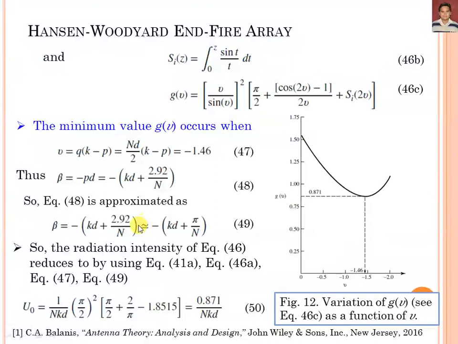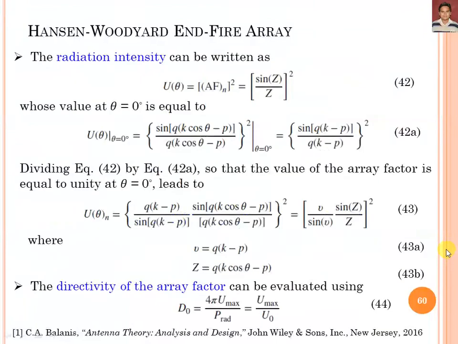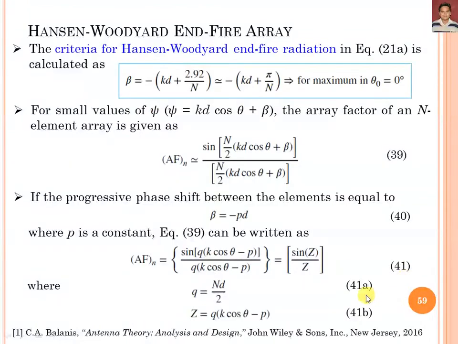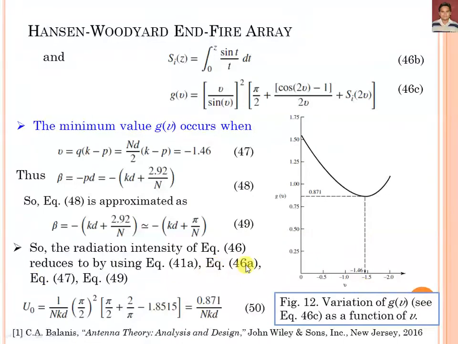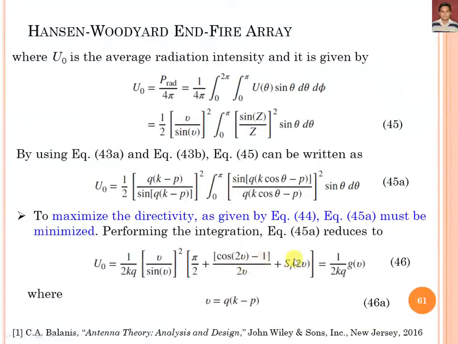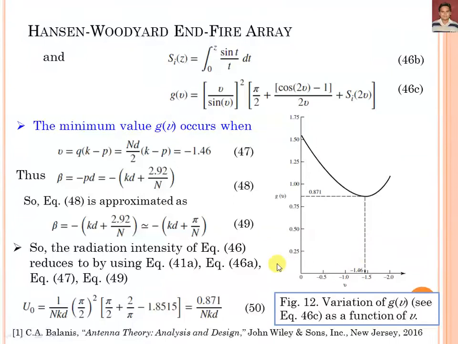So by considering this equation, the radiation intensity U naught can be calculated by using 41a, 46a, 47, this equation, and 49.